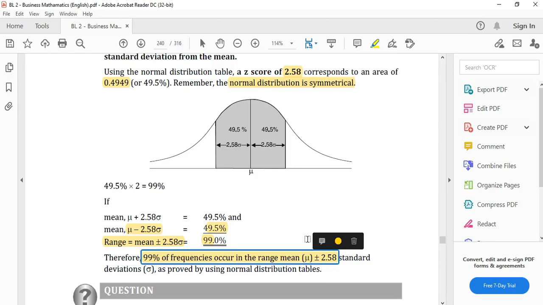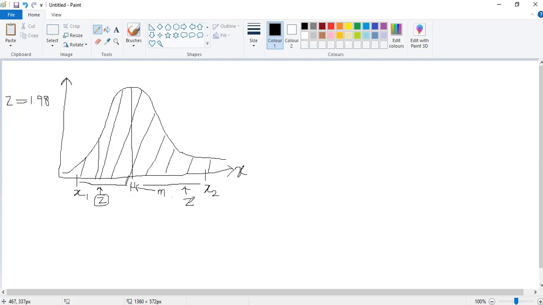Okay, so it is like this. The gap between the mean and x2 is z equals 2.58, whereas the gap between the mean and this side x1 is also equal to the same 2.58.